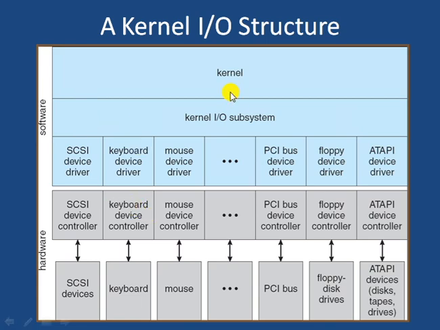The operating system and I/O subsystem procedure is standard towards these device drivers. It cannot change based on the device controllers and devices. So in this way, device drivers act as an interface between the operating system I/O subsystem and the device controllers.